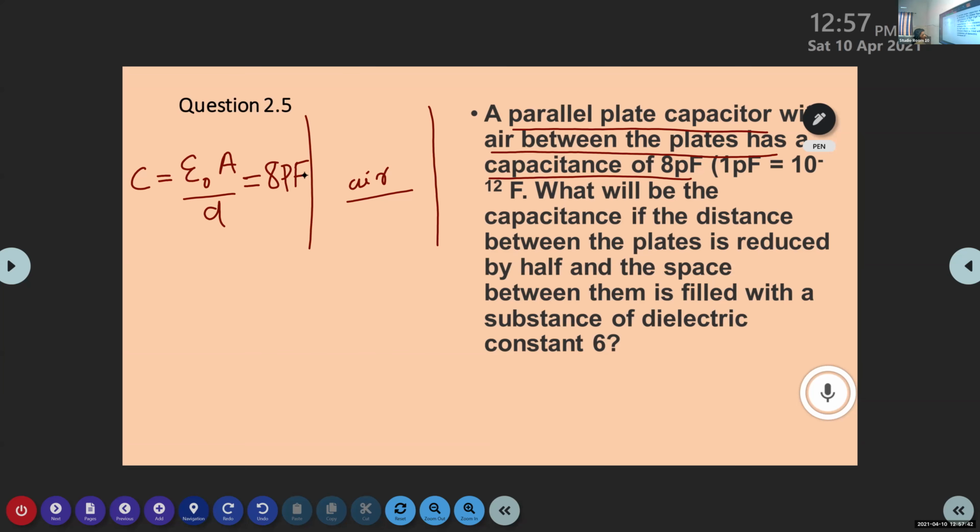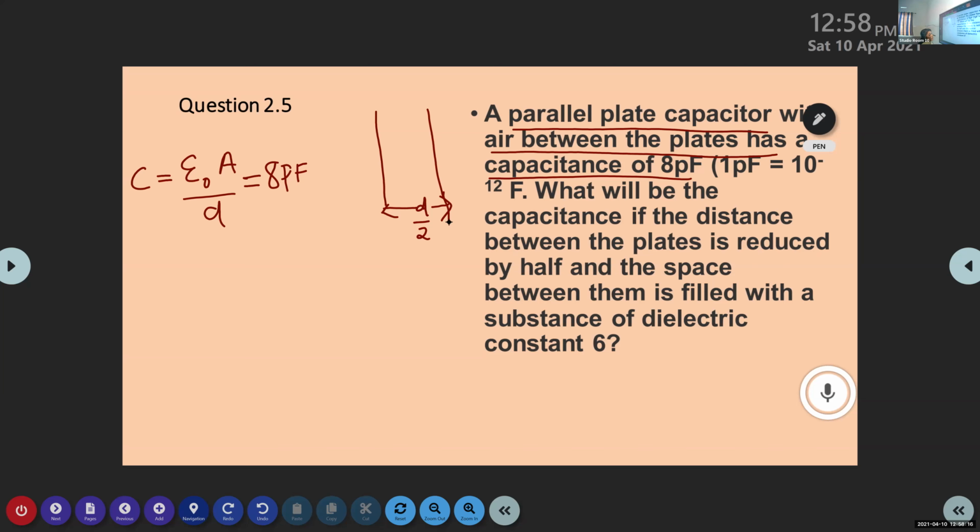What will be the capacitance if the distance between the plates is reduced by half? If it is separated by a distance of D initially, now what happens if the distance is reduced by half, that is D by 2? So now the arrangement becomes like this. The distance between the plates is reduced to half, D by 2.